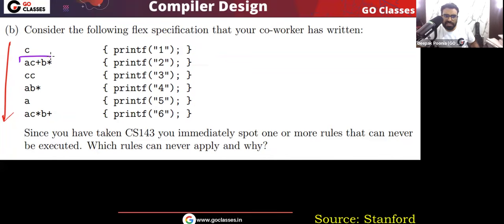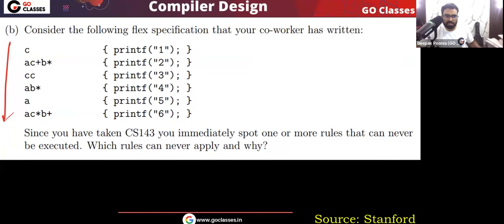Do you have any string in this regular expression which is not present in the regular expressions above it? Yes, there are many strings here which are not present above, for example ACB, or for example AC.